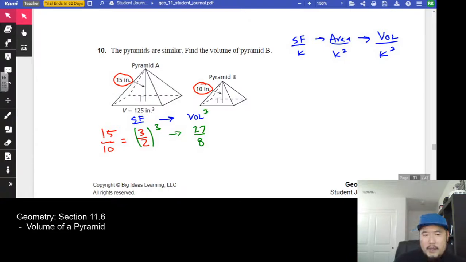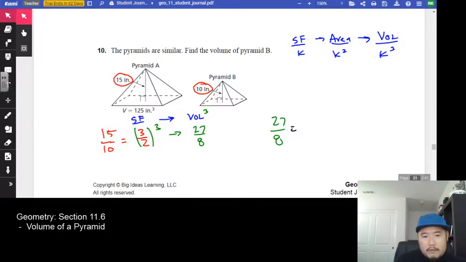So now what I do with that is set up a ratio using the proportionate volumes, and we've done this already when it came to area. I'll take the 27 over 8 and set that equal to the two volumes that we have here.